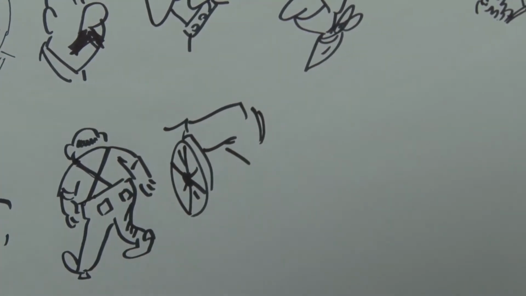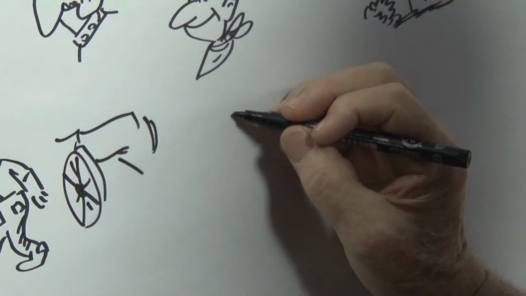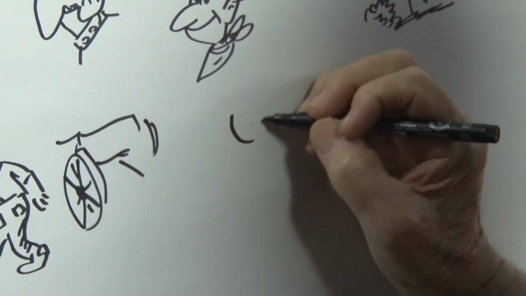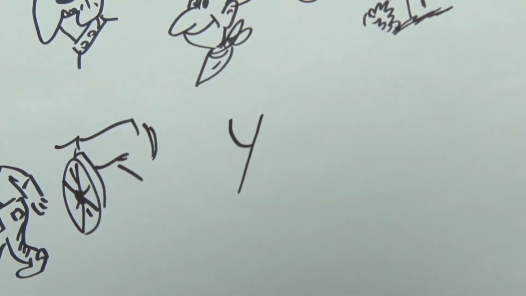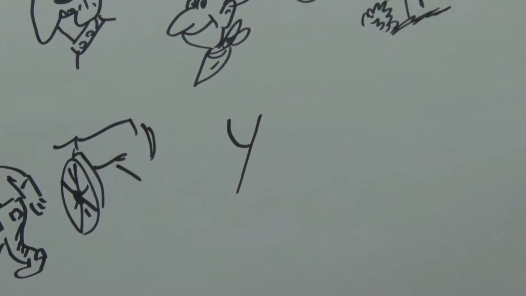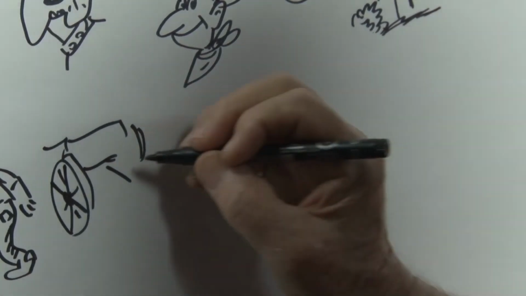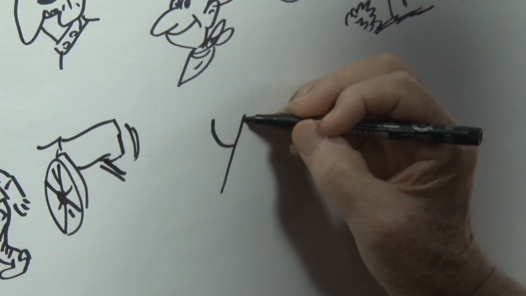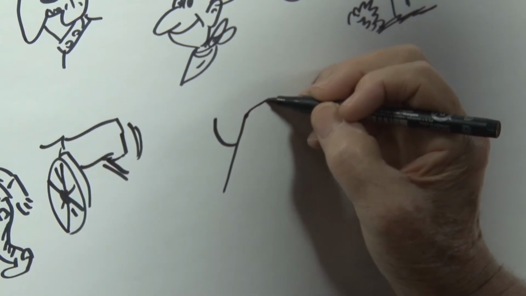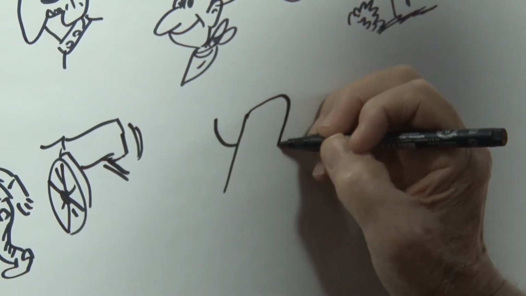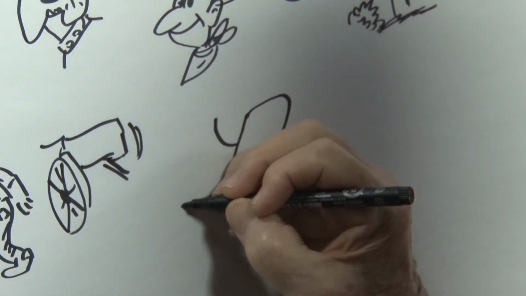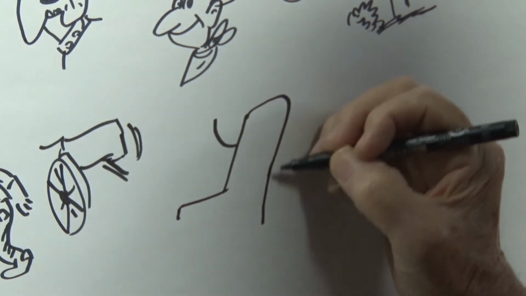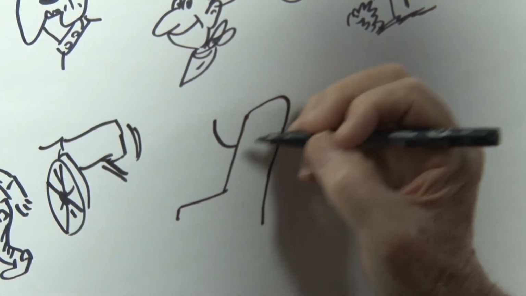Now, Y presents something of a challenge, and I'll tell you why here in a minute. It's got a curved line and, in many cases, a straight line, and to try to make something out of that is quite a challenge. Well, what I do is I go over like that, and what I'm making is a chair that's reclining back in this direction.